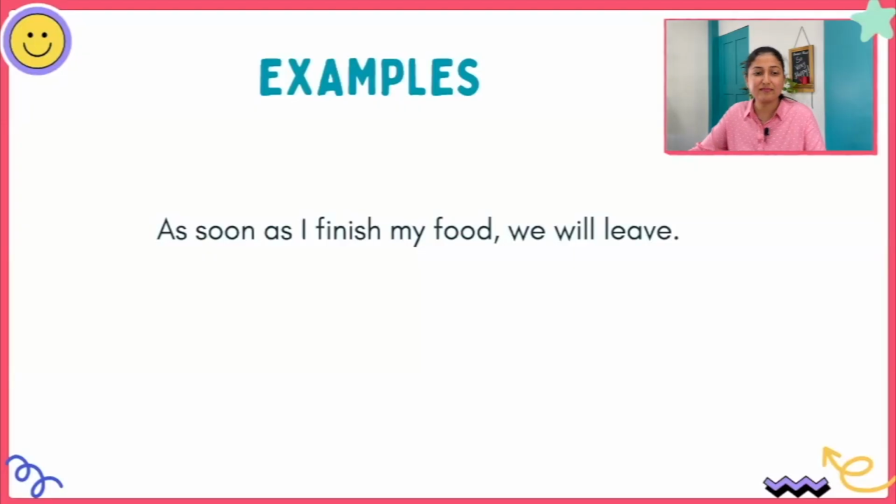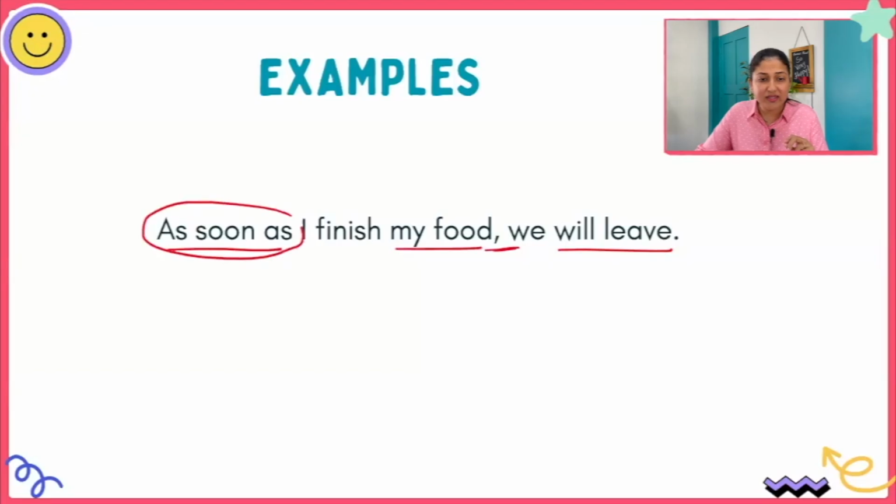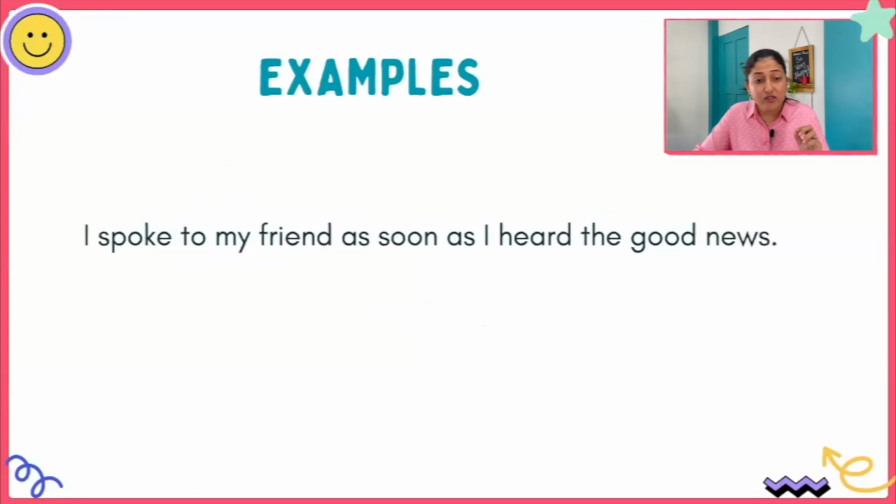Let's see. So, as soon as I finish my food, comma, we will leave. Alright. Now, you see, we are starting this with a subordinating conjunction. So this is clearly a complex sentence, right? Next, I spoke to my friend as soon as I heard the good news.